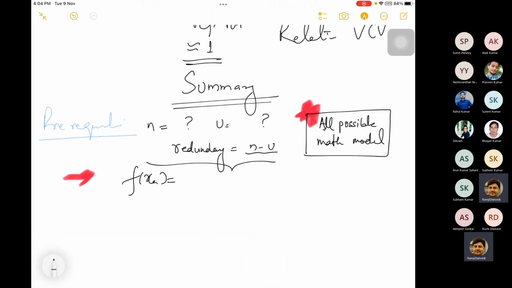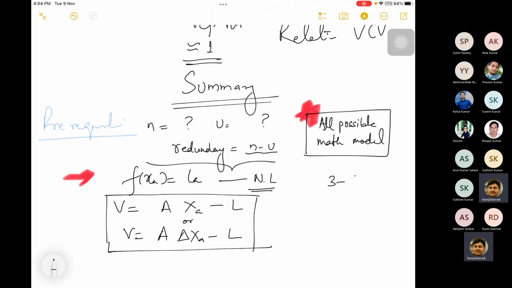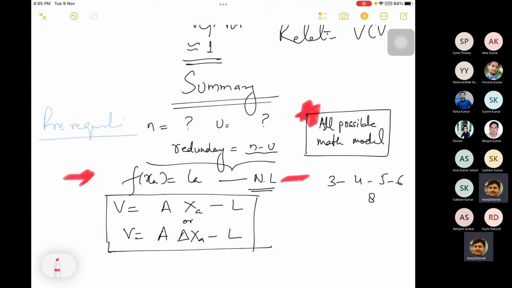First, you try to see if the non-linear version is this, but if you understand that all your mathematical models could be written in linear version, then the linear version should be this only. It could be 2, 3, 4, 5, 6, 8, whatever models come to your mind, but they should fit the criteria of this.